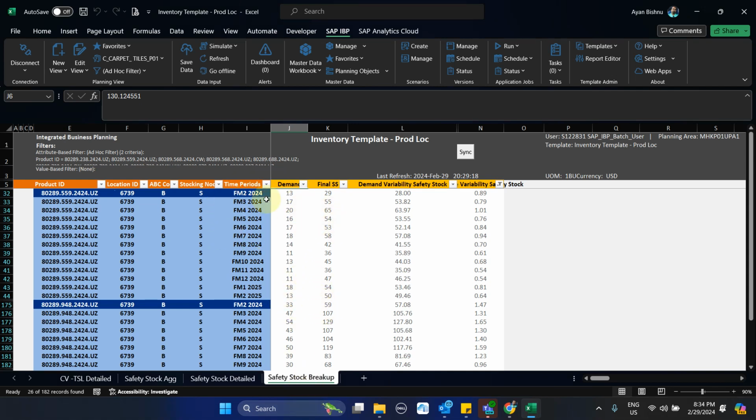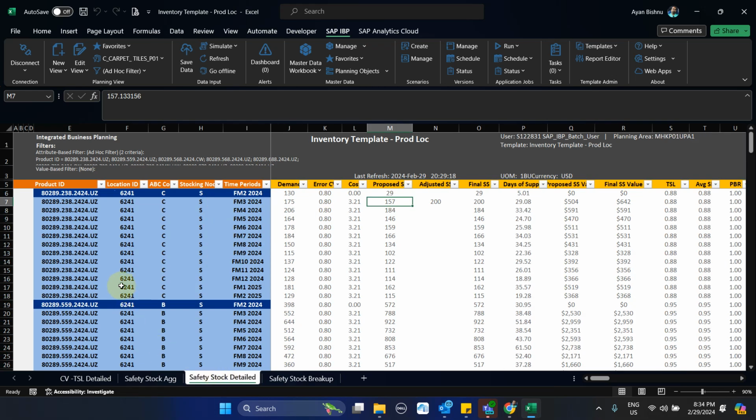For example, let me take this product as an example.